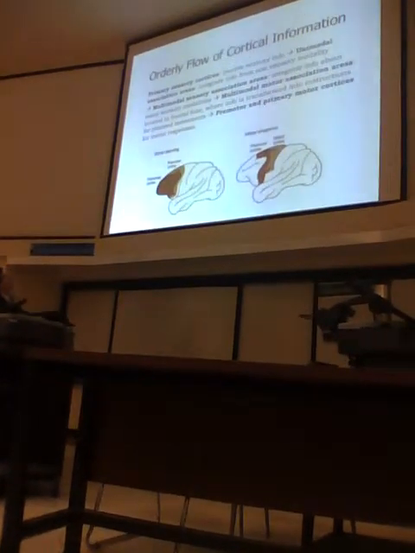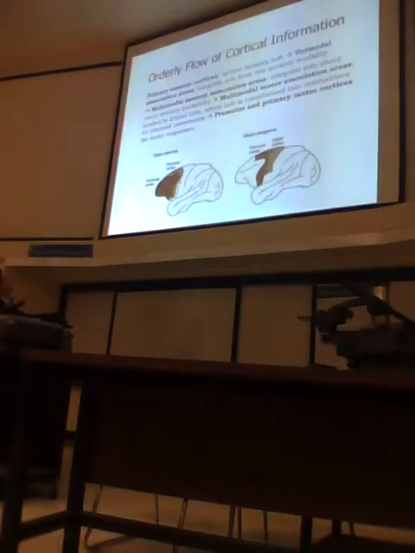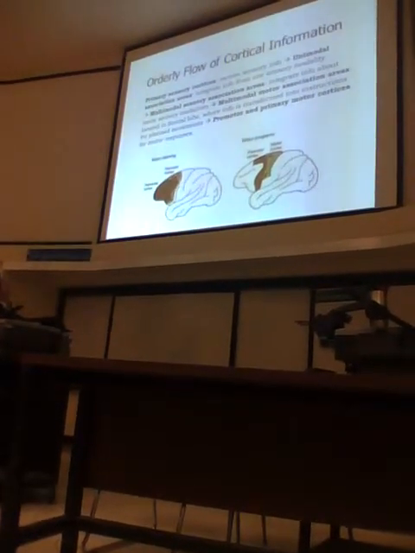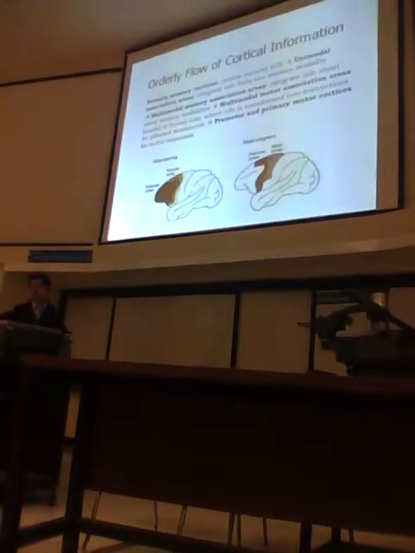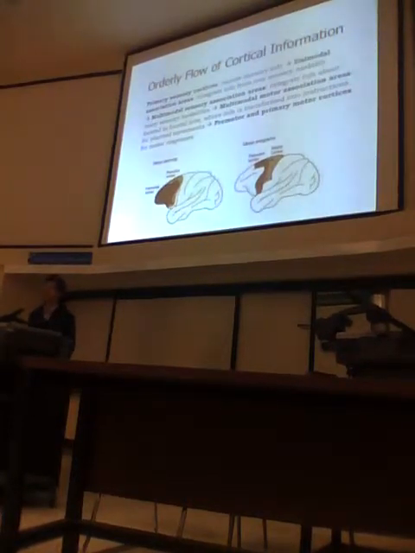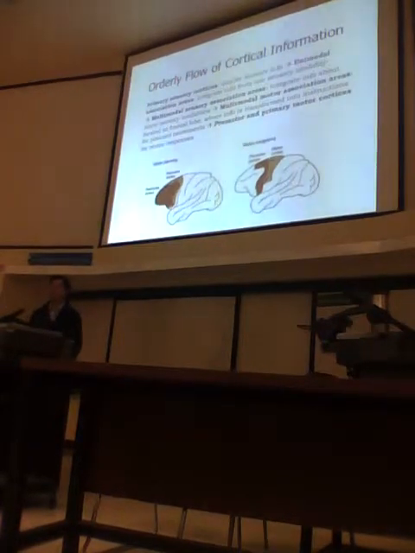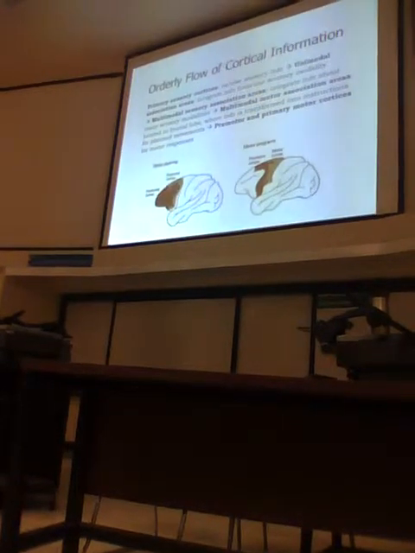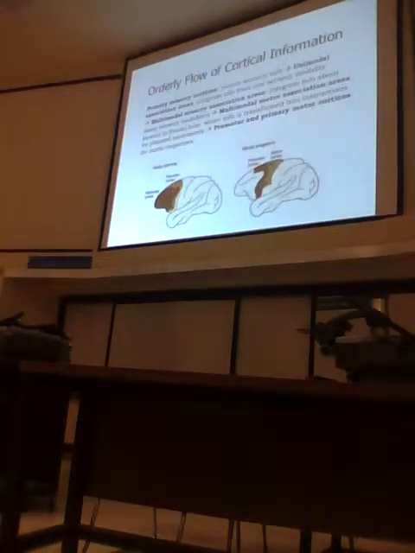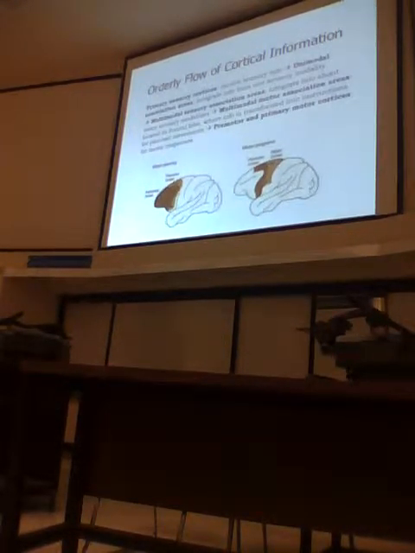So information progressively moves from the posterior regions, sensory regions, forward to the frontal areas, where there is multimodal motor association function. And from the multimodal motor association areas here, the information then gets passed progressively backwards again, first to premotor cortex, and then finally from premotor cortex to primary motor cortex.